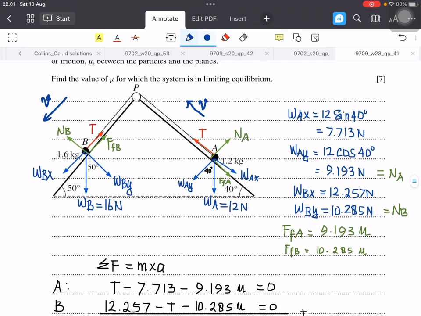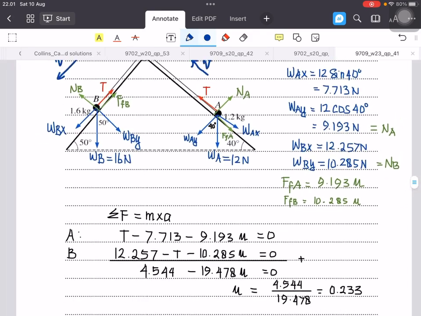Then we continue to find the friction force on particle A, the normal contact force times mu, and also on particle B, the normal contact force on B times mu also. The coefficient of friction on both particles are the same.